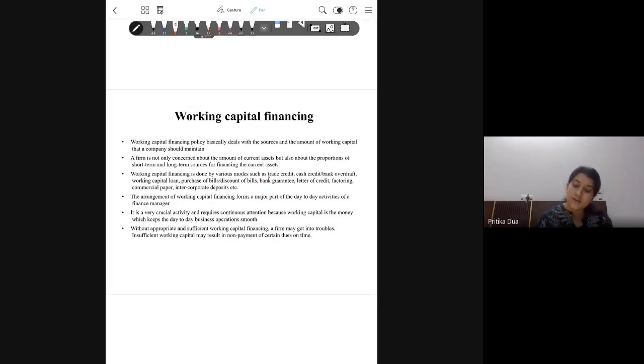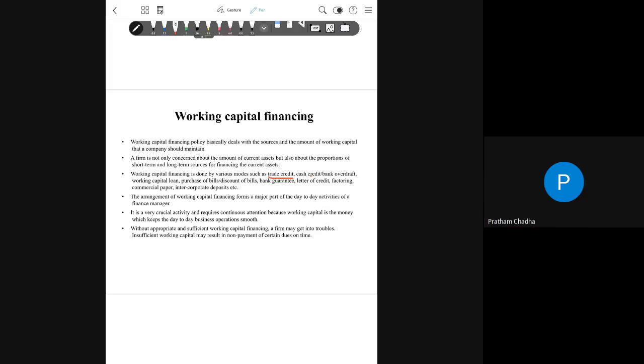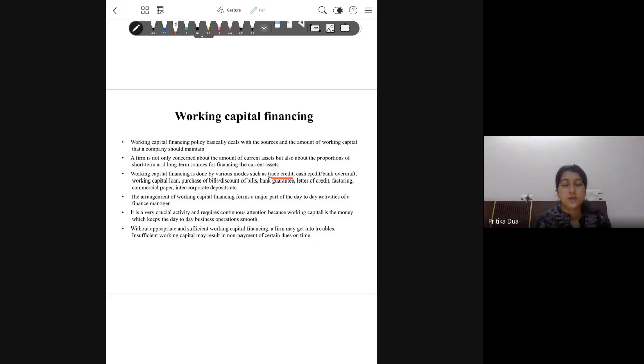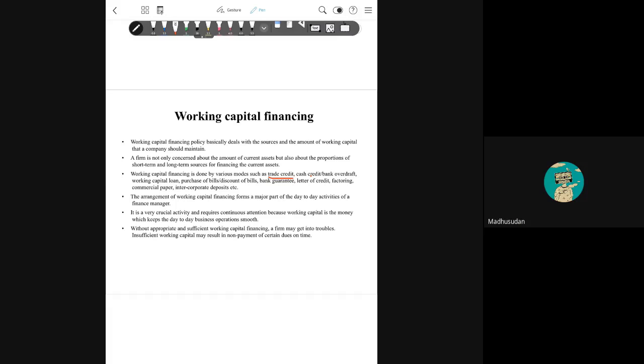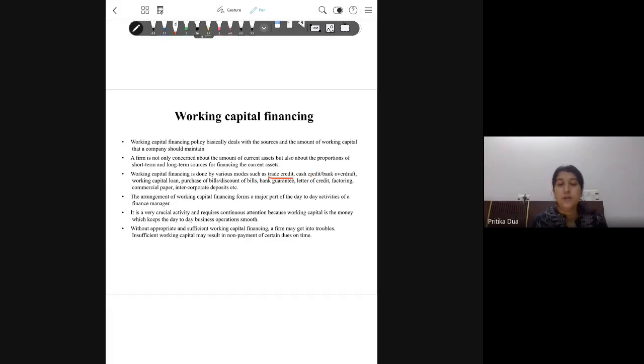Next term is cash credit or bank overdraft. What is bank overdraft? Should I call out names and ask what is bank overdraft? Negative balance of account. Negative balance, is that allowed with every account? No, ma'am. Only with current account. Only with current account, when you can withdraw more than the amount that has been deposited in your account.